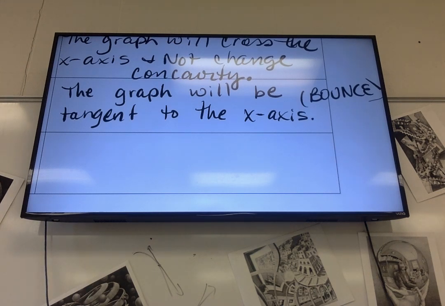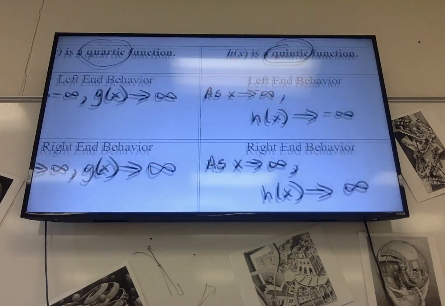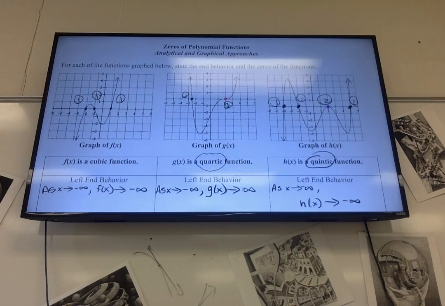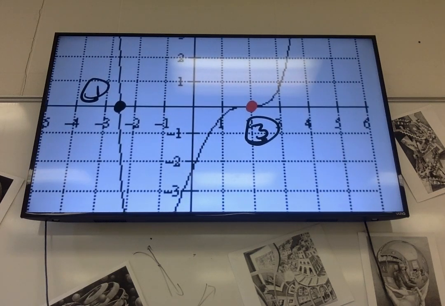Okay, and then number 4 is describe the behavior of the graph as it approaches a 0 whose multiplicity is 3. So the only one that we had that was 3 was this one. And compare it to the negative 2.5 here.